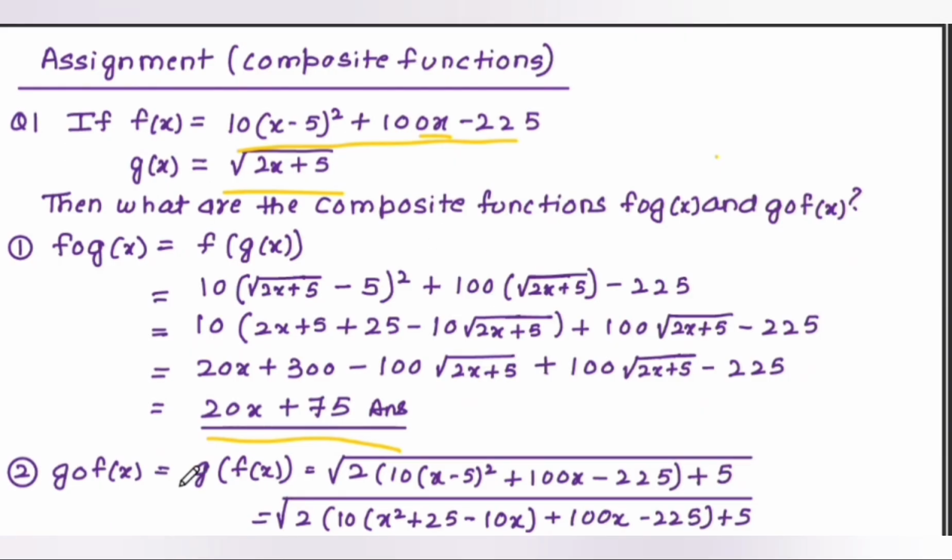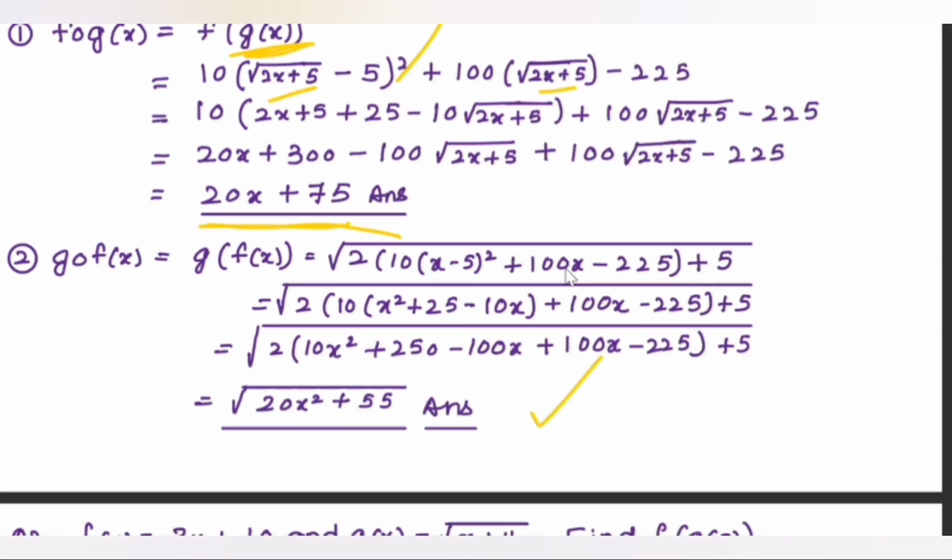You have to do g of f of x as your task. So again, just replace. You are asked f of g of x. So instead of x, put g of x everywhere. And it's very easy. Just open this square, multiply this bracket, you will get the answer as 20x plus 75. It's quite simple.